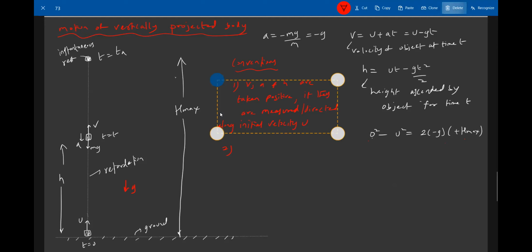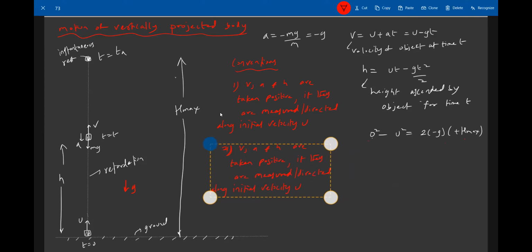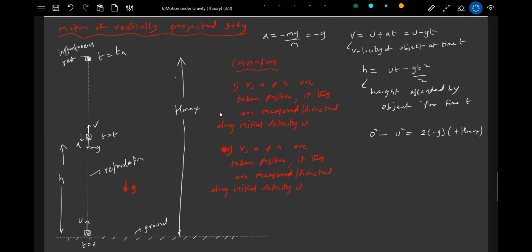And v, a, h are taken negative if they are measured or directed opposite to the initial velocity.